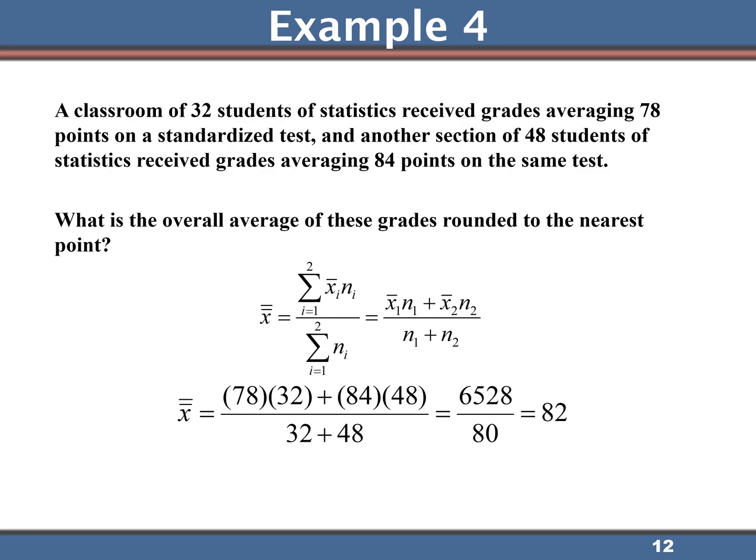In this example, there are two classes, Class A and Class B. You are given the number of students in each class and the average score received on a standardized test. You are asked to find the grand mean. Using the rule for the grand mean, we see that the answer is 82 points.